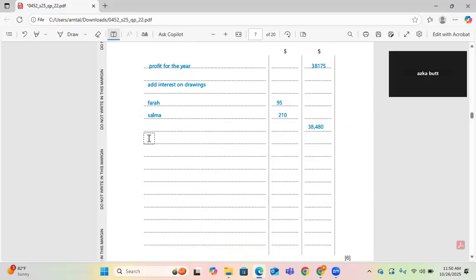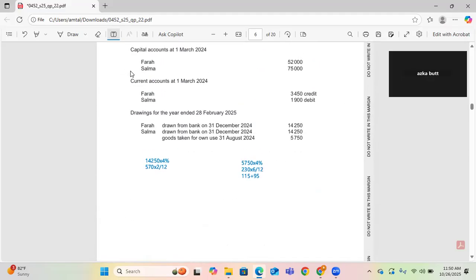Now we need to deduct the interest on capital for Farah and for Salma.